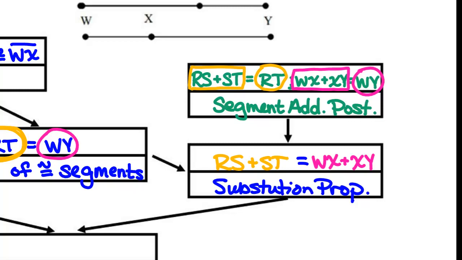Because of these two arrows, I know I'm going to use this that we just wrote together with information that's over here. If ST is equal to WX, then anywhere I see an ST, I can replace it with a WX. That's what it means to be equal. I can swap things out that are of equal value. Do you see an ST in that equation that we just wrote? So I can swap that out.